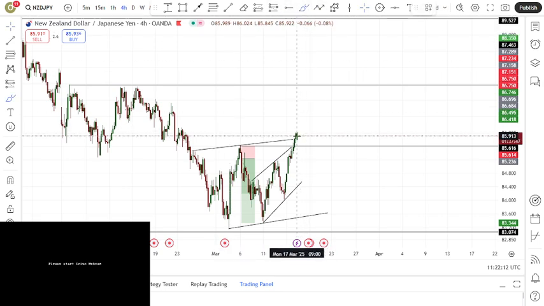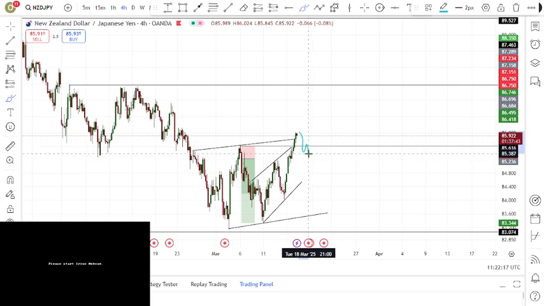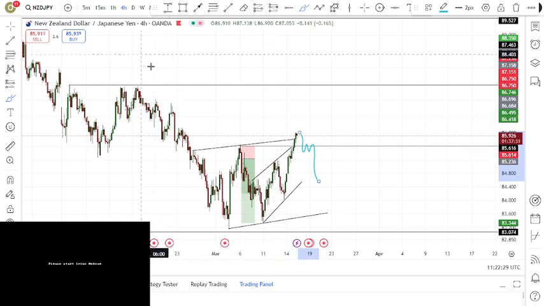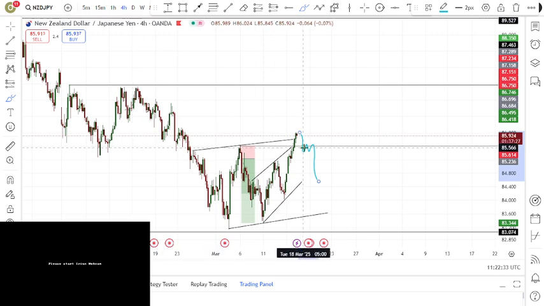for price to push back into the structure. It gives me a squeeze, either a structured one or a non-structured one. So when price pushes back impulsively, I will get either a 4-hour structured or a 4-hour non-structured flag, which will be a 1-hour structure.